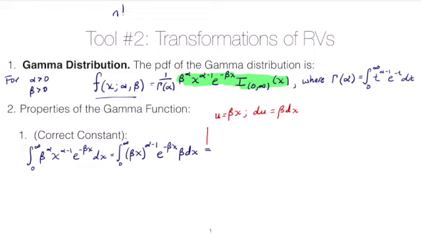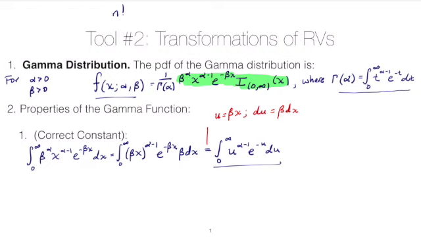So the integral from 0 to infinity, here we'll have a u to the alpha minus 1, e to the negative u, and then du is left over because our du is beta times dx. So we've accounted for everything. And, well, look at that. This integral here is the same as the gamma function.